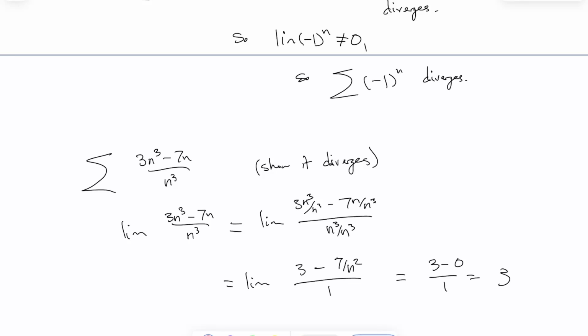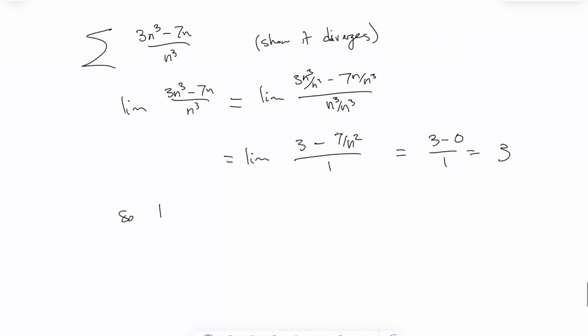She said, just look at the ratio. So it is a fact, and if you want to do it this way on your homework or on a test or whatever, that's fine. It is a fact that if the powers on top and the bottom are equal, then the answer you're going to get is always the ratio of the coefficients on the highest degree term on the top and the bottom. In this case, 3 over 1, which is just 3. Okay, anyway, what I was saying, this limit is 3.